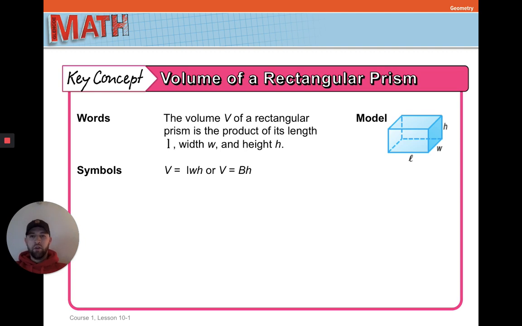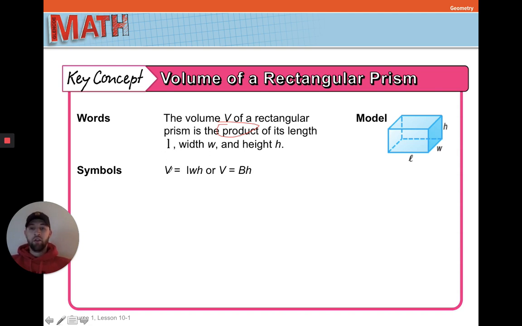The volume, which we're going to use the letter V for, of a rectangular prism is the product of its length, width, and height. Hopefully you are thinking the word product. It means multiplication. So here are the two different equations you can use.